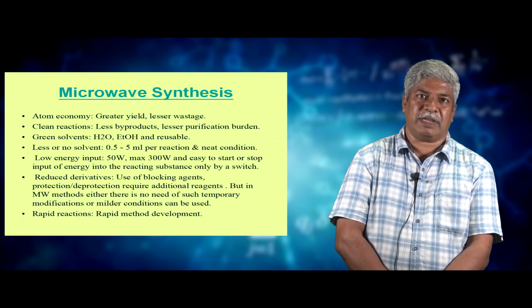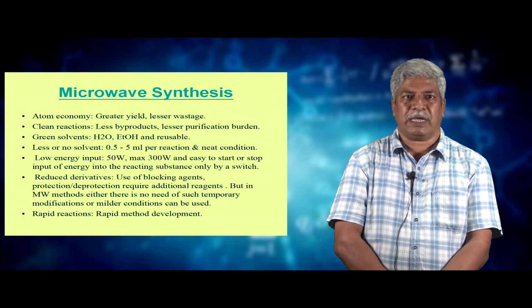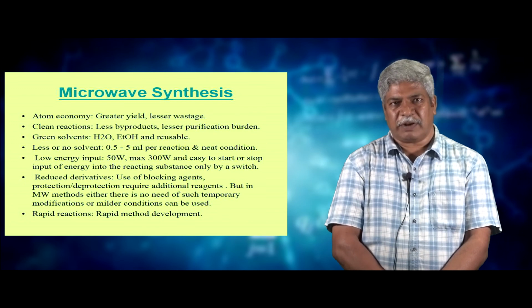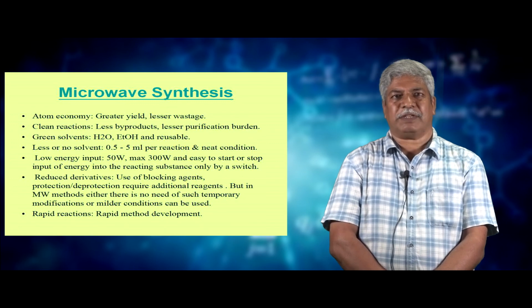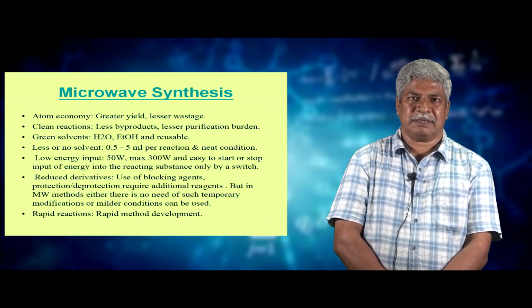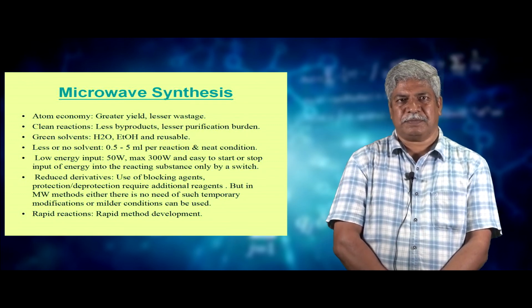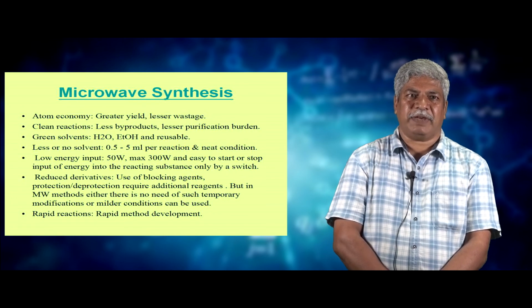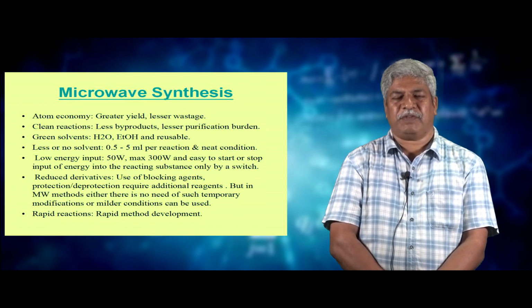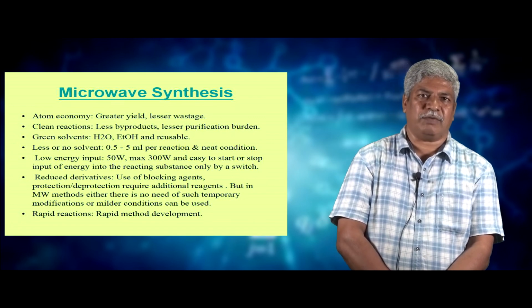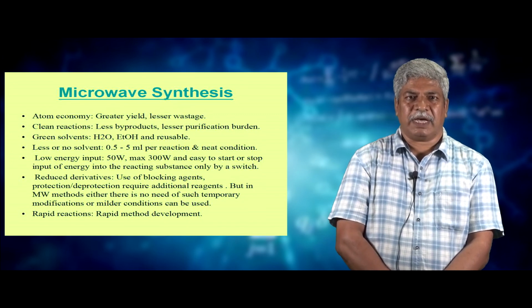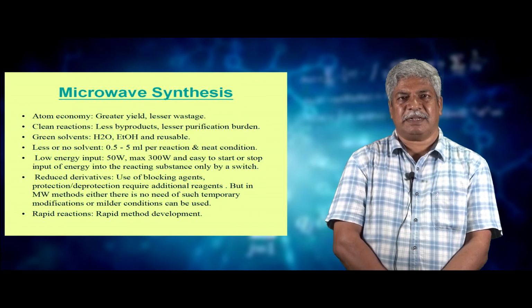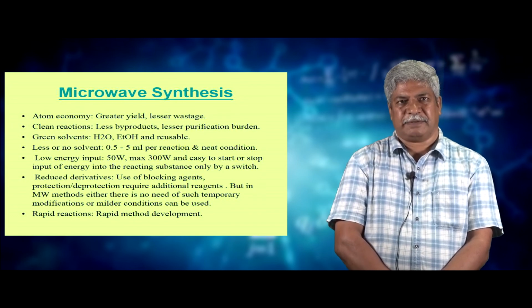And not only that, we can use green solvents like water and ethanol for the chemical reactions, and they are reusable. The quantity of solvent required may be less, say 0.5 to 5 ml per reaction. Further, it requires very low energy input, 50 watts or a maximum of 300 watts, and we can easily switch on and switch off the microwave assisted synthesizer, so control becomes easier.